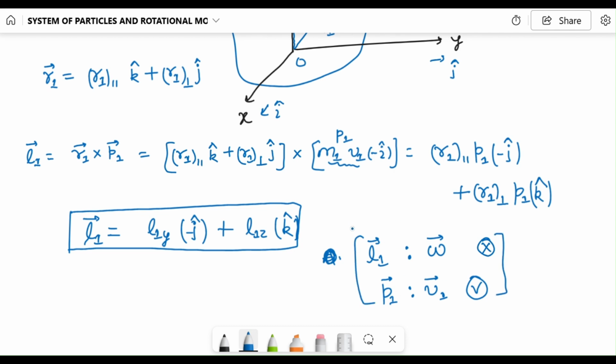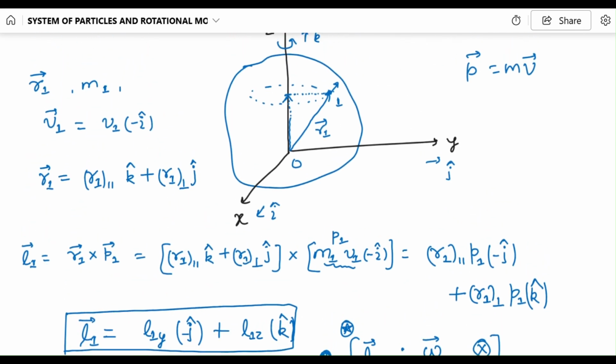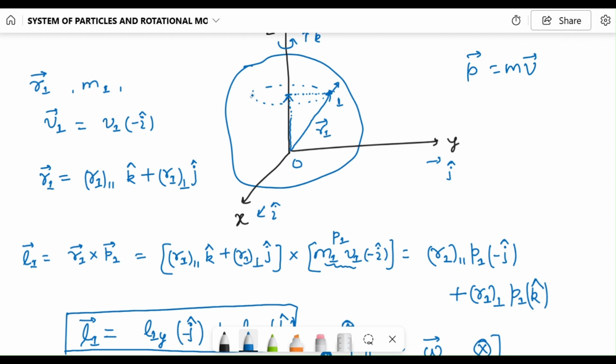So here we have a point to be noted. Now if we take one more particle, a second particle at this point, a sort of mirror image, symmetric about the z axis or axis of rotation, it will have a velocity along the positive x direction.